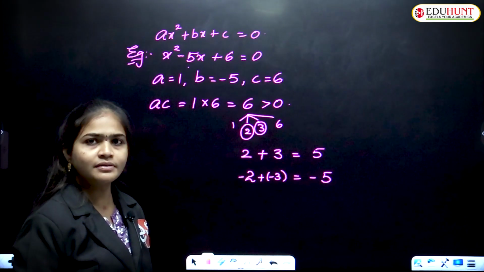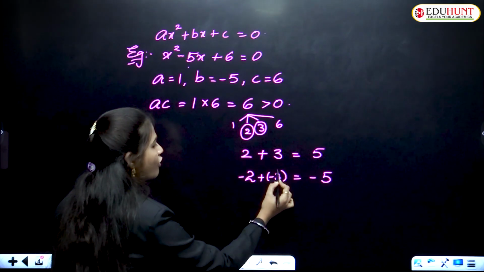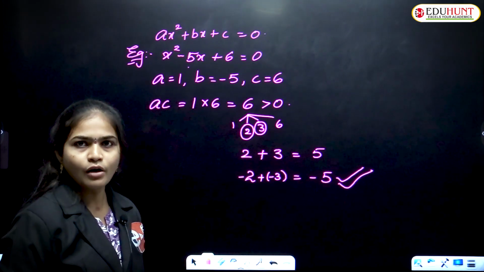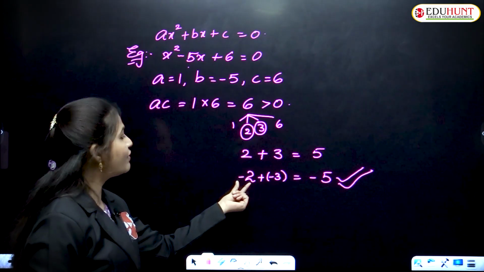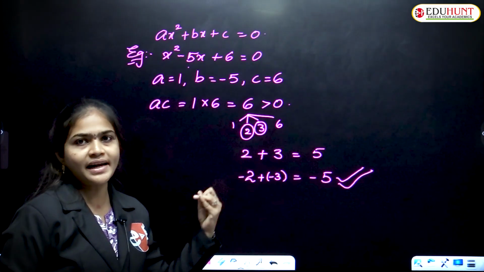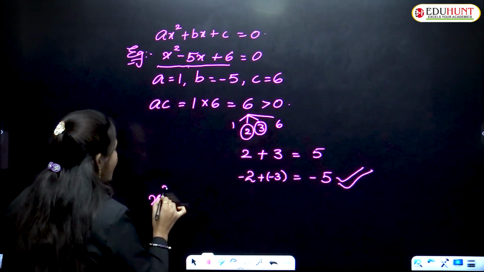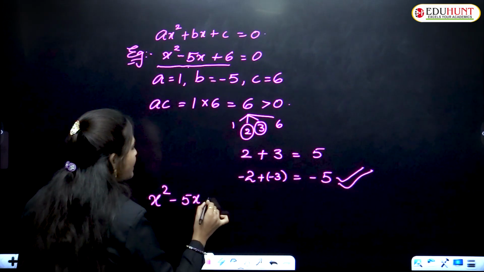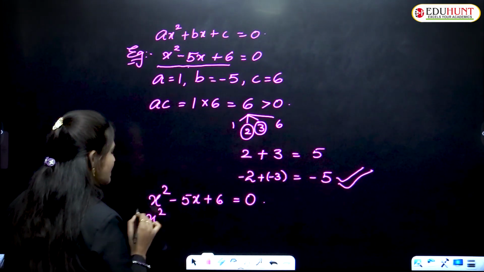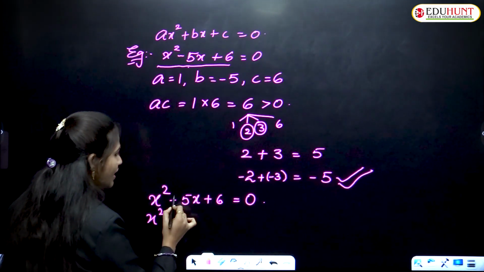Then what do we get? We get -5. Satisfying or not? Satisfying. So the two factors we take are -2 and -3. Now take the equation again: x square minus 5x plus 6 is equal to 0. So x square, and the sum of these two values should be equal to the B value.